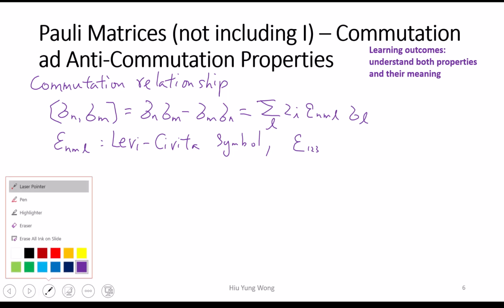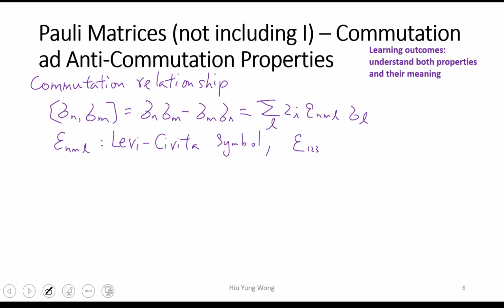So here what I'm saying is n, m, l. These are just symbols, variables. They are either 1, 2, or 3, or x, y, z, right? So just any of the Pauli matrices. That's it.